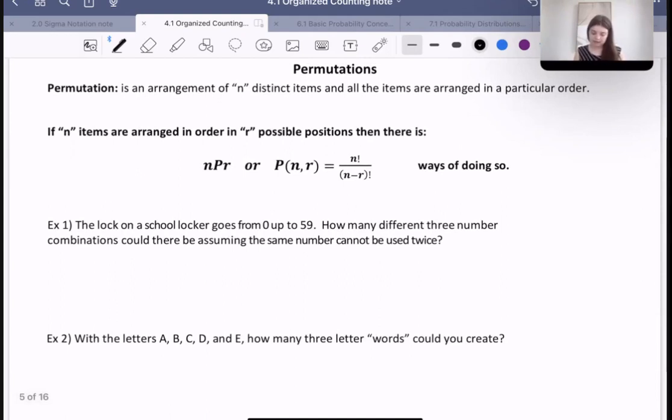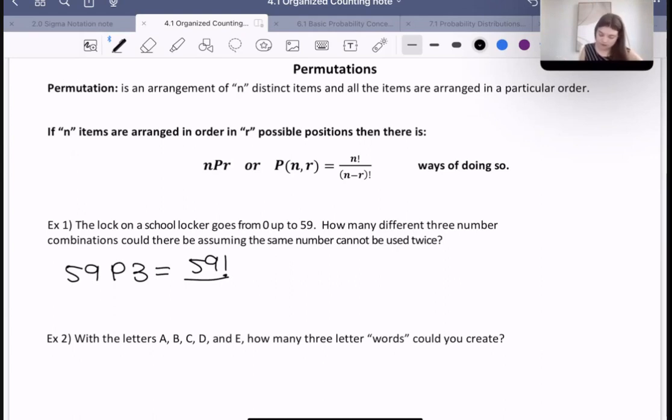Example 1 says, the lock on a school locker goes from 0 to 59. How many different 3-number combinations could there be, assuming the same number could not be used twice? Well, let's think about that. So we would have 59P3, which is 59 factorial over 59 minus 3 factorial.